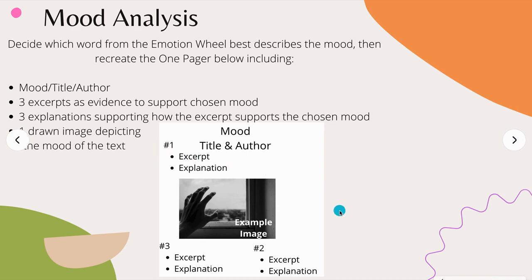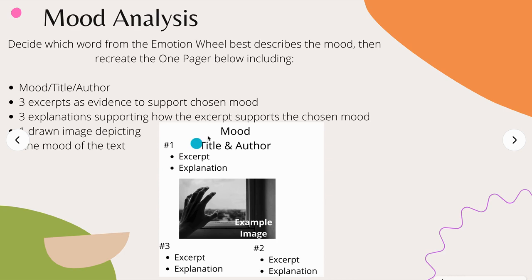You can use this example here as a model for your own work. It doesn't have to look exactly like this. All of these parts can be in different locations on your paper. It doesn't have to look any one way, as long as you have all of these bullet points on your one-pager.